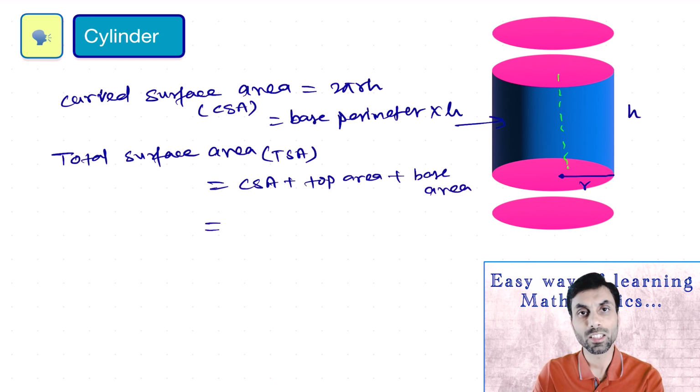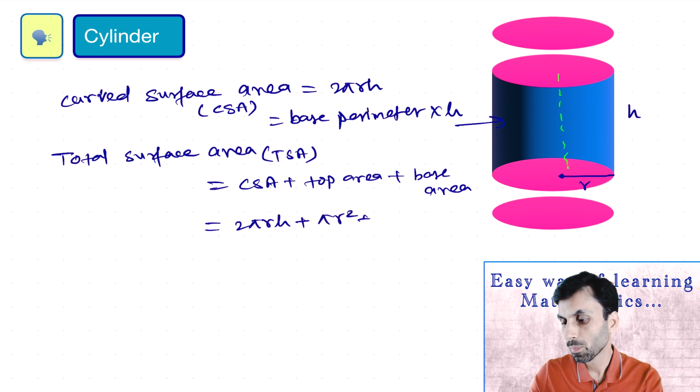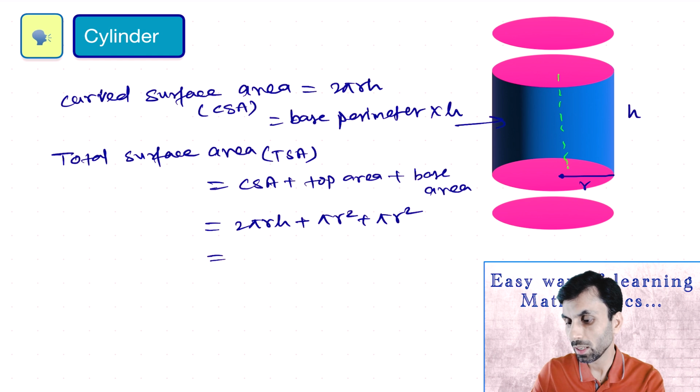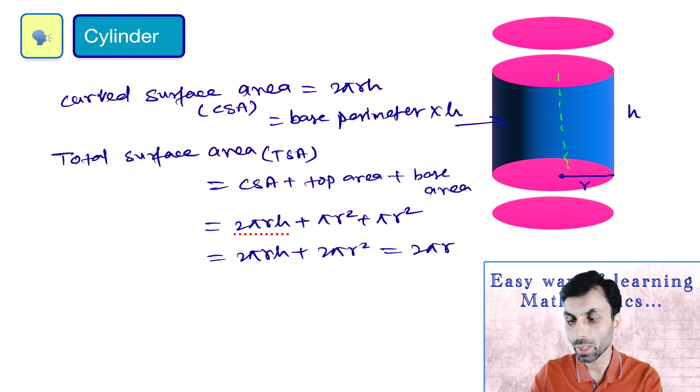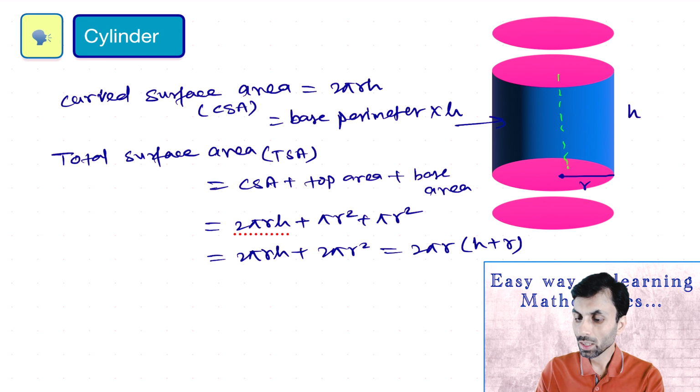As top and base are circles and the area of a circle is pi r square, we get the total surface area as curved surface area 2 pi rh plus pi r square plus pi r square, which will be 2 pi rh plus 2 pi r square. On taking 2 pi r common, we get h plus r, so it is 2 pi r into h plus r.